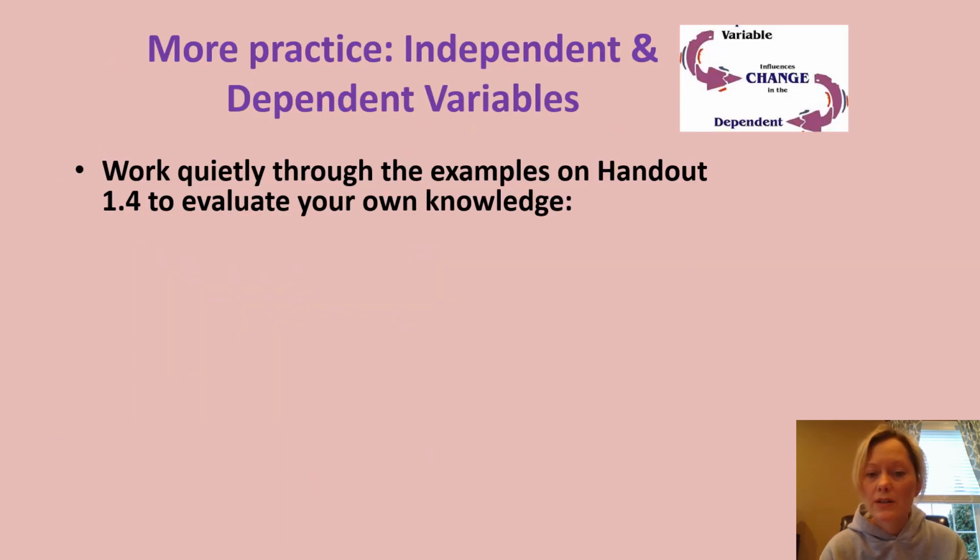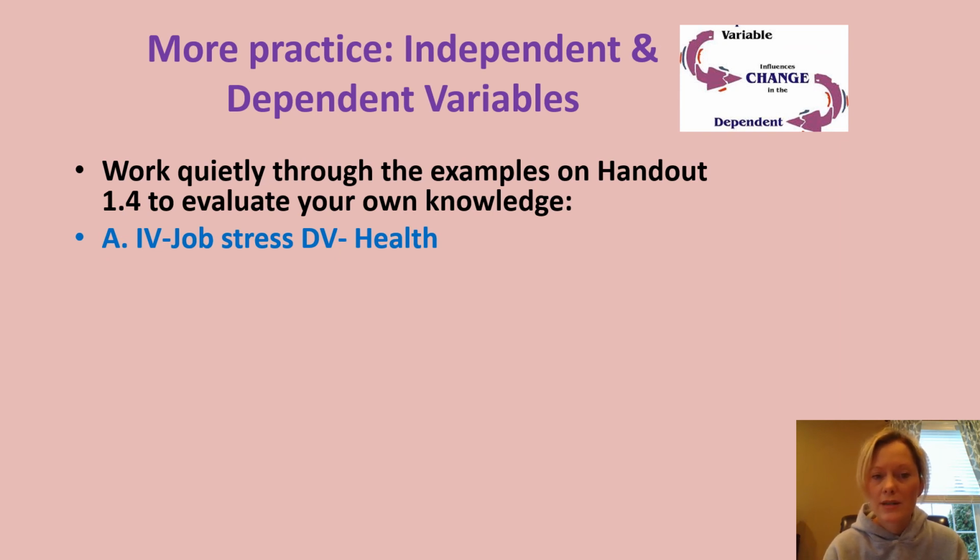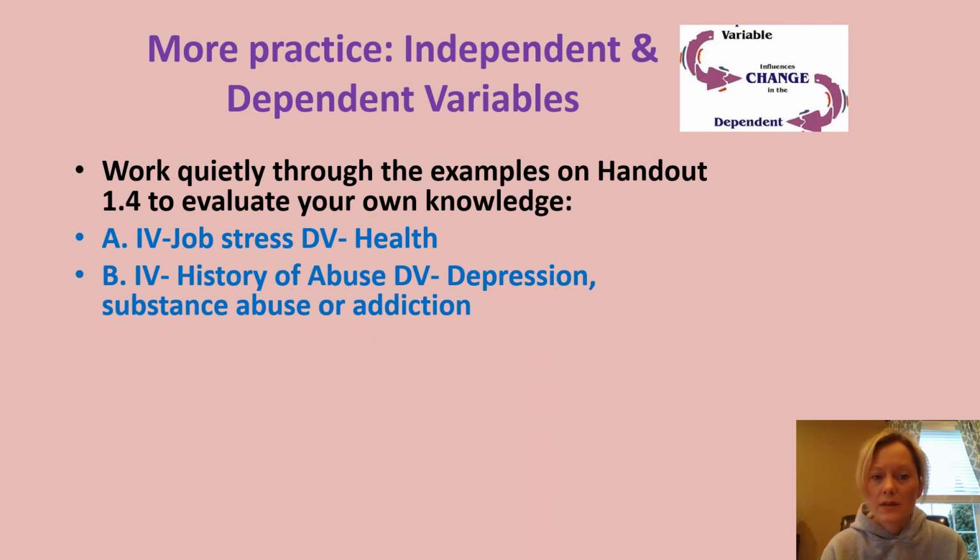Okay, so you guys went and did your practice for independent and dependent variables. So let's see how you did. Number one, the first example, the independent variable is job stress, and the dependent variable is health, how job stress would affect health. For B, the history of abuse, and they're measuring depression, substance abuse, or addiction.